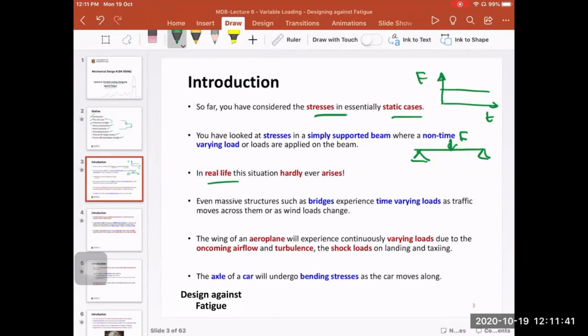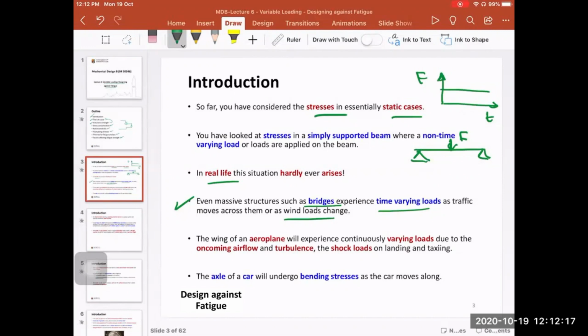For example, even structures like bridges experience time varying loads because of the traffic flow and also the wind loads, etc. For another example, for aeroplanes, the wing of the aeroplane experiences time varying loads due to the flow of the air or the incoming flow, due to some turbulences, due to some shock loading during the landing and the takeoff.